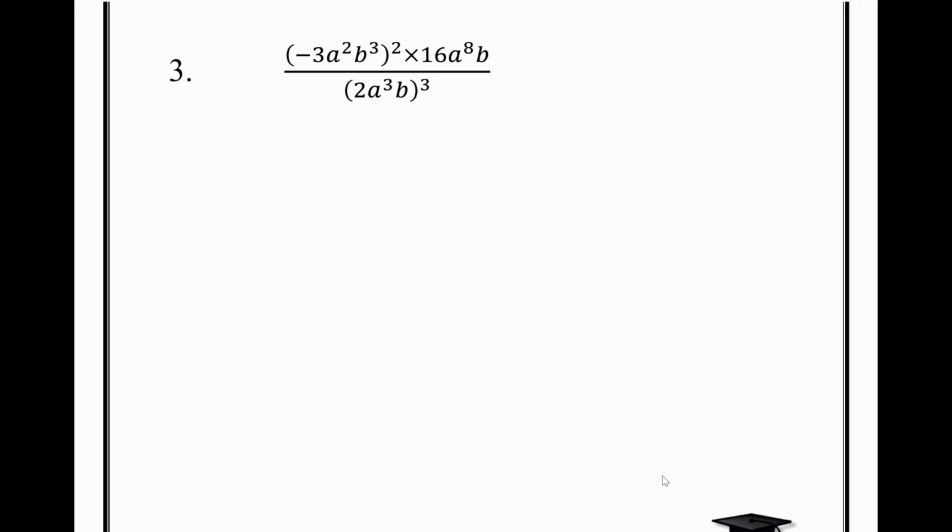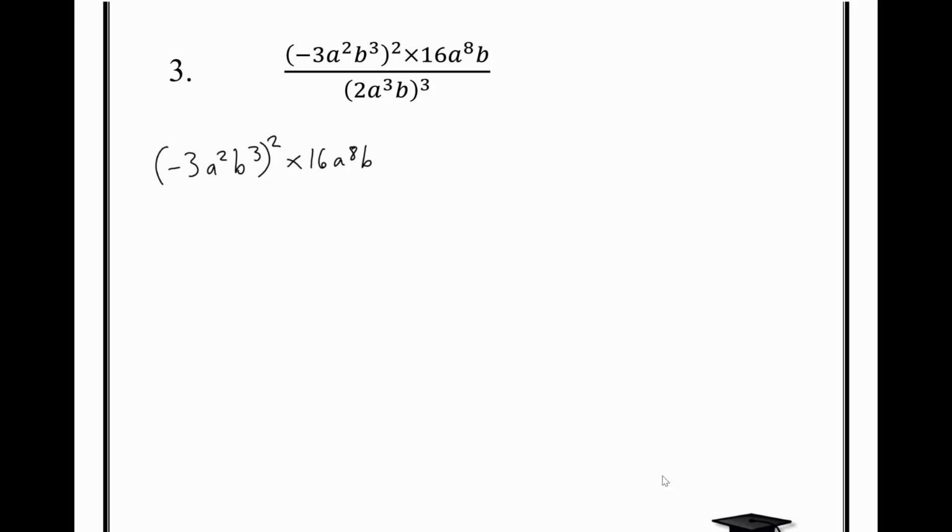Next, we have a combination of multiplication and division of pronumerals. What we want to do first is simplify both the numerator and the denominator, but separately. So if we look at the numerator first, we can see that there is a bracket of 3a squared times b cubed, squared, times 16a to the power of 8 times b.